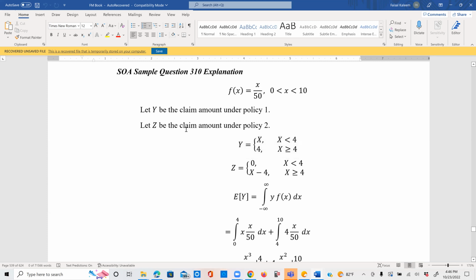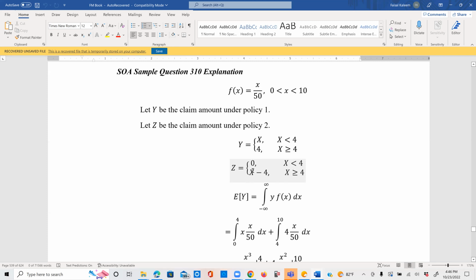And Z is the claim amount under policy 2. In the case of Z, there is a deductible of 4, so you get paid nothing when your loss is less than 4, and once the loss is 4 or more, you get the loss minus the deductible of 4.